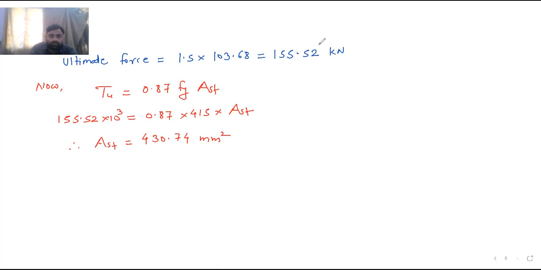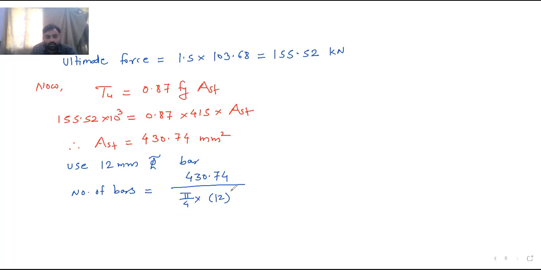So use 12 mm diameter bar. Therefore, number of bars is equal to 430.74 divided by 5 by 4 into 12 square.